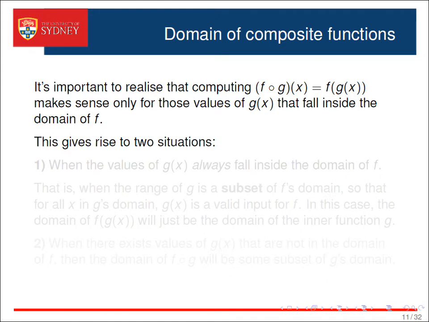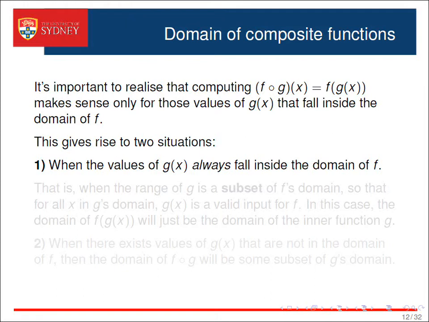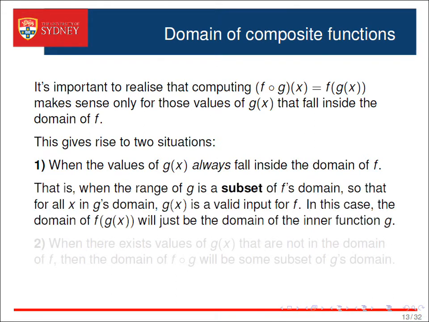This gives rise to two situations. The first of which is when the values of the inside function g always fall inside the domain of the outside function f. In other words, the range of g is a subset of f's domain, so that for all x in g's domain, g of x is a valid input for f.